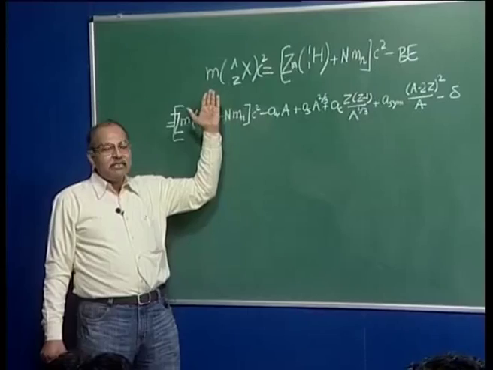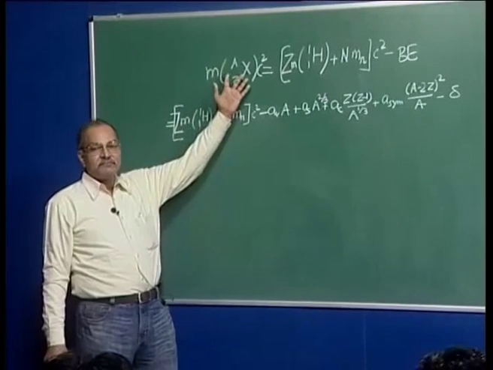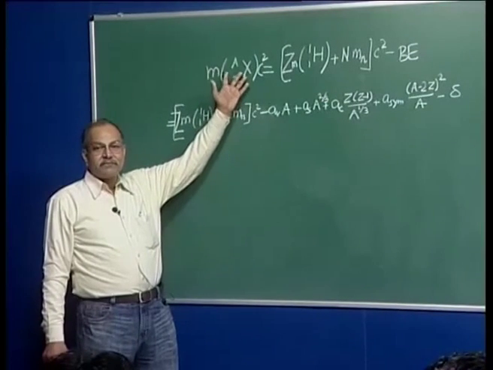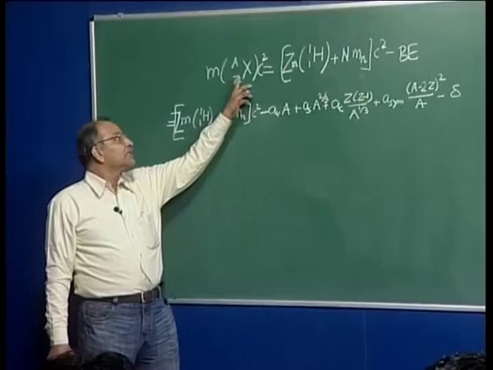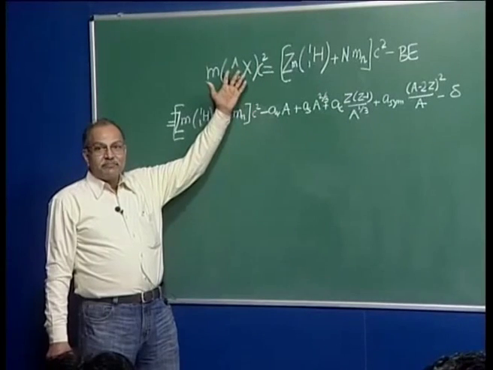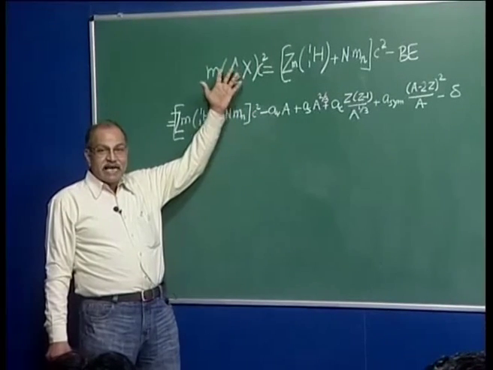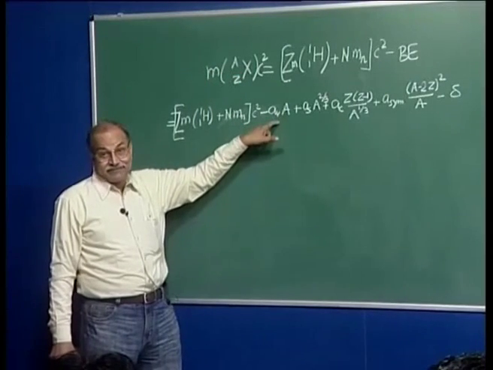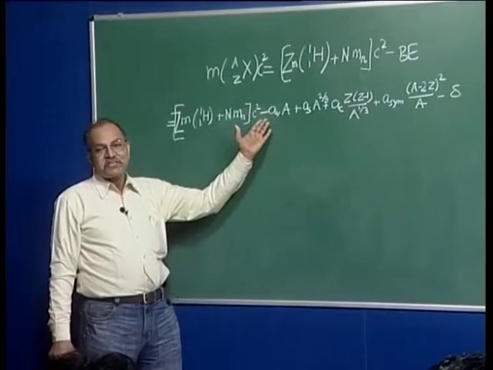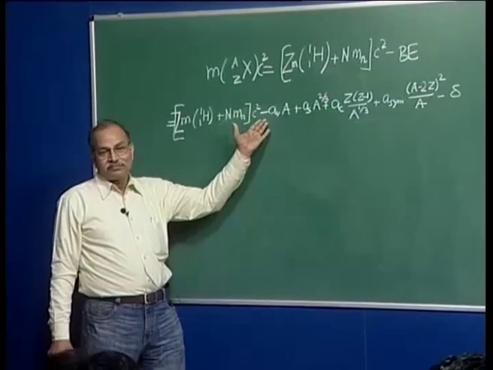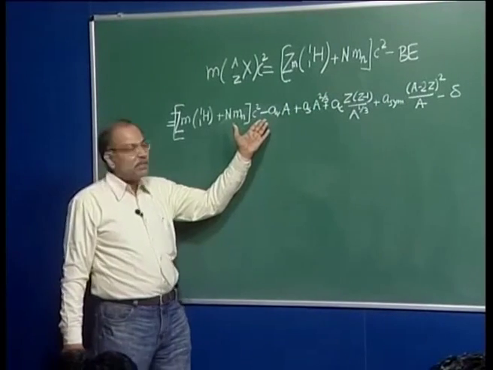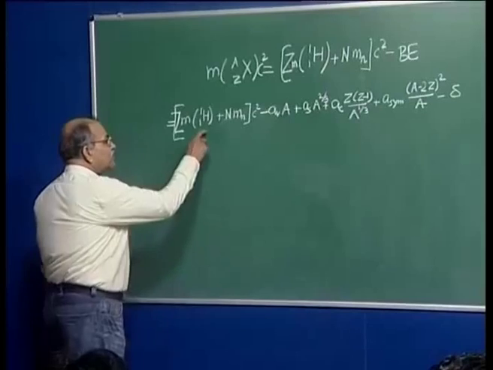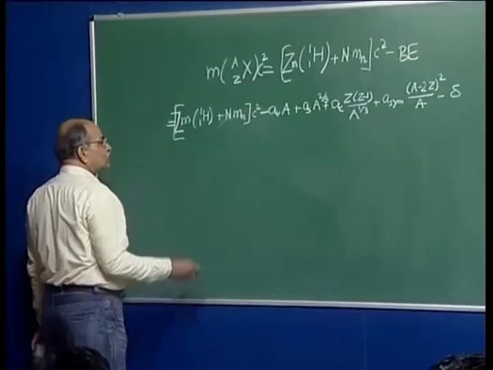Now, to get the minimum value of this mass energy of the nucleus with Z protons and N neutrons, as I vary capital Z keeping capital A constant, I should differentiate it and put it equal to 0. Simple.